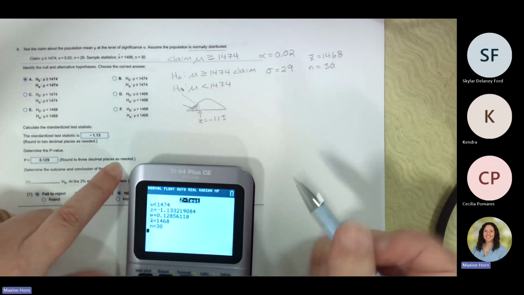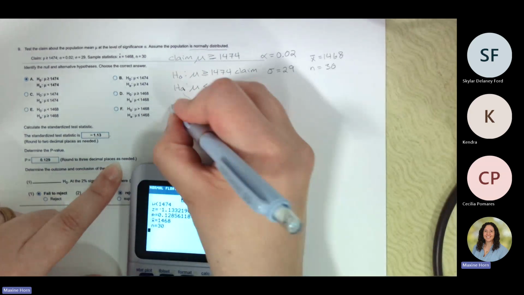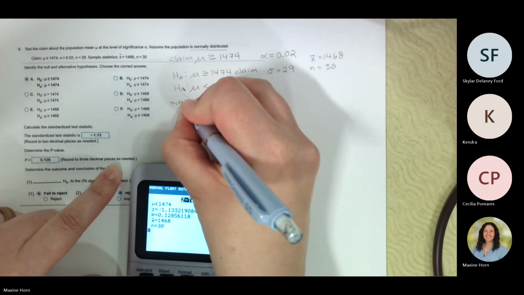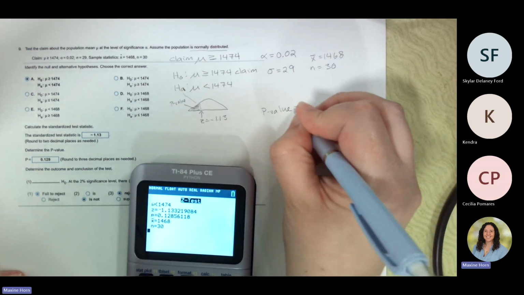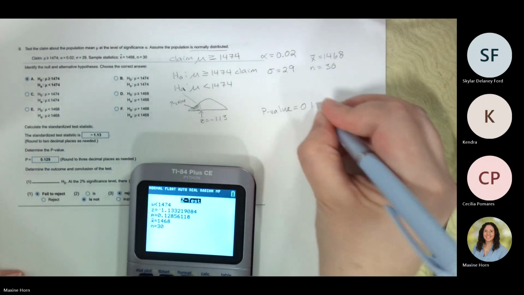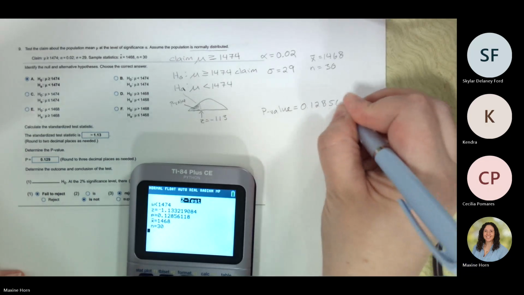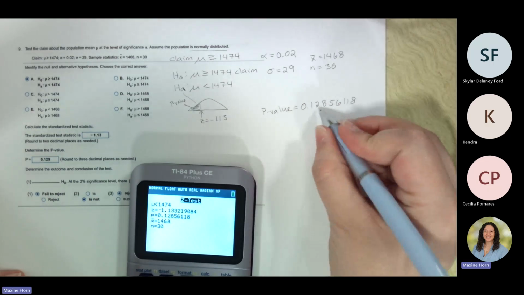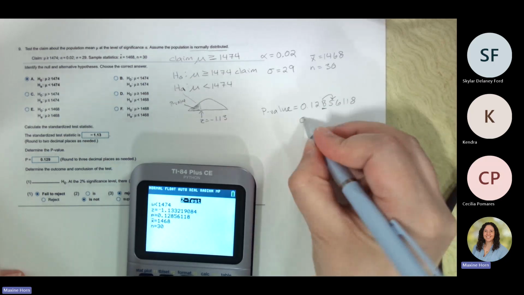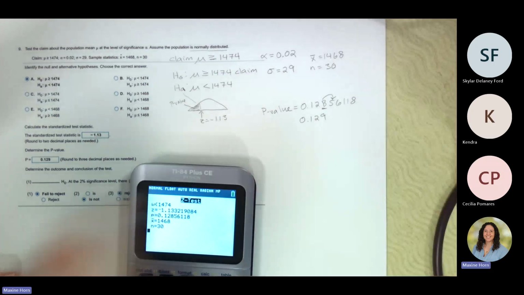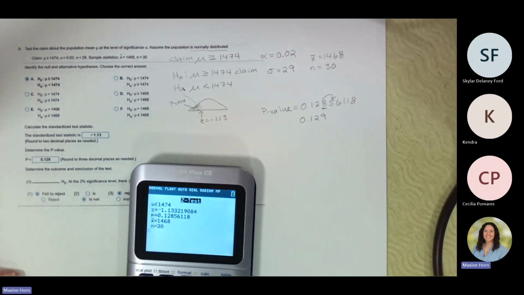They want us to go to 3 decimal places. Again, our rounding rules: we look to the number to the right, that's 5 or more, so that goes up 1. So that's how we get 0.129.